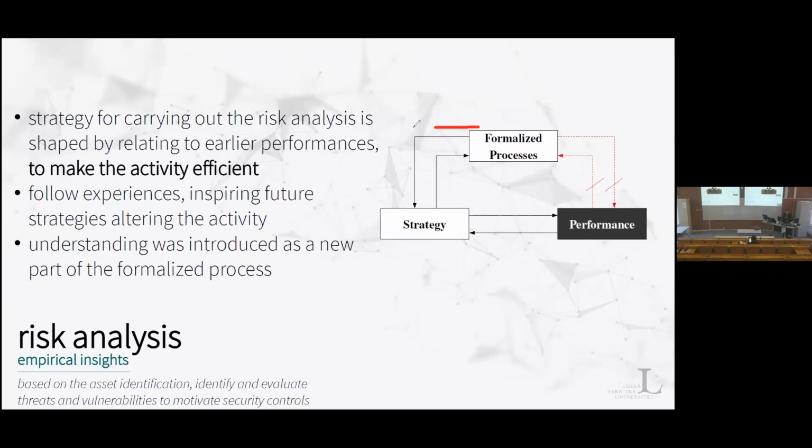And this new understanding for how they went about performing this activity was even introduced into the formalized processes, and the instructions were adapted accordingly. They actually came to change their formal process. This is how we do it now. So they changed the entire process based on these insights that they got from carrying out the activity over and over again.